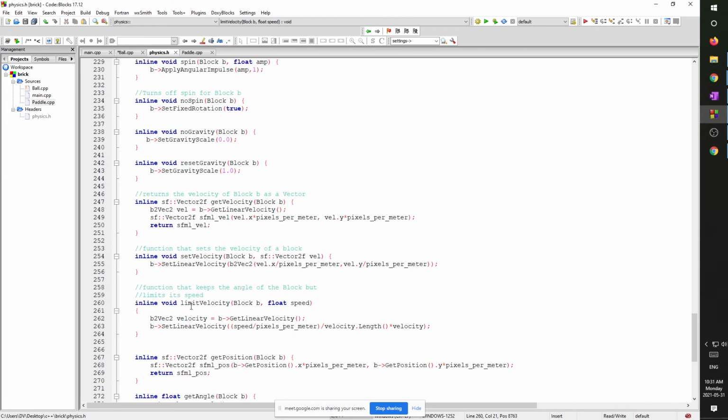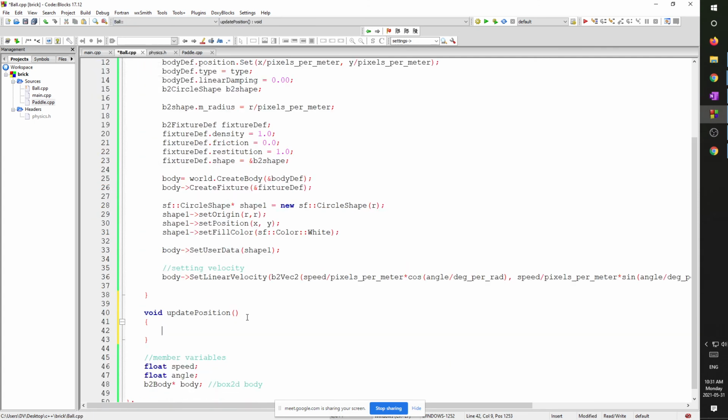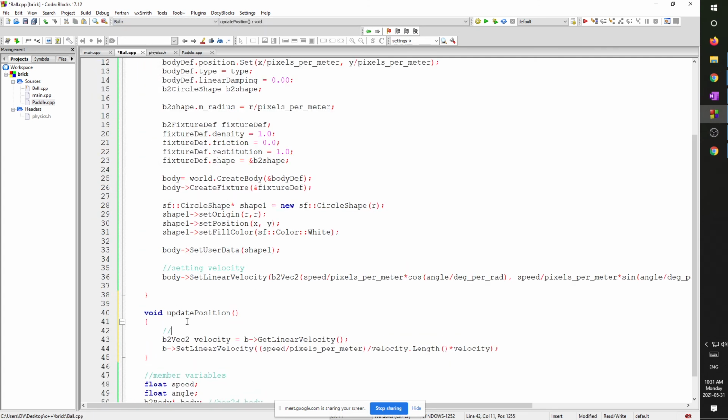It's called limit velocity. See that? Function that keeps the angle of the block but limits its speed. So you just pass it a speed. So let's copy that line of code. Under ball. And I'm just going to write limit velocity. It's actually going to pull energy out of our project.